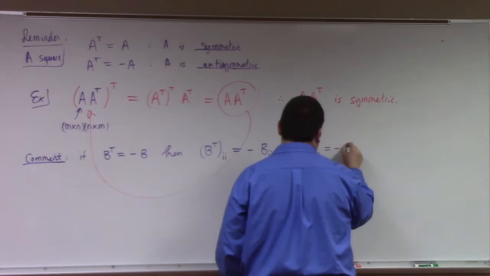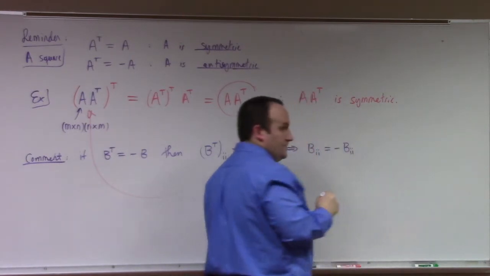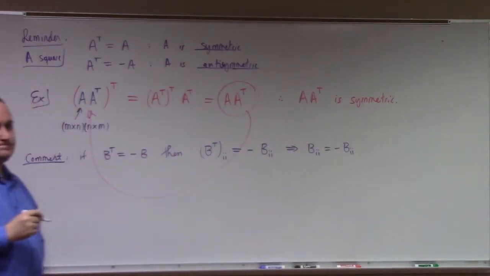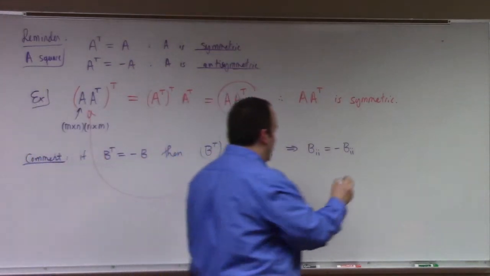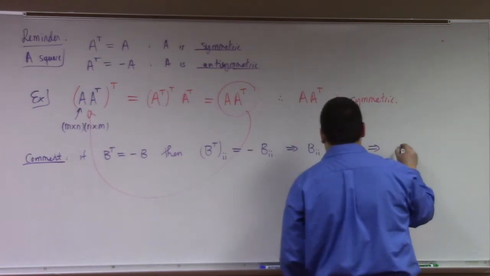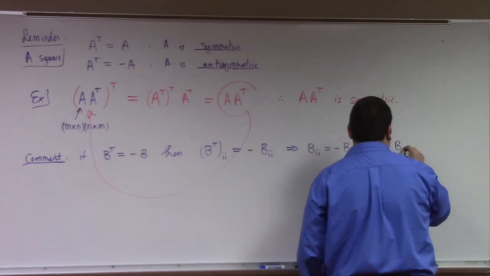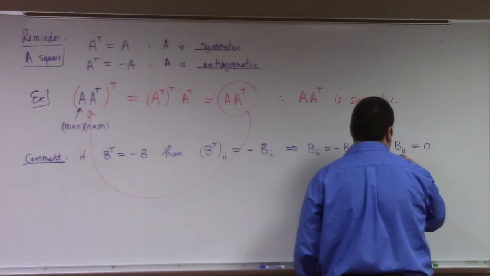B_ii is equal to minus B_ii. What's that imply about the iith component of B? It's 0, right? Assuming we're working in a field not of characteristic 2. B_ii is equal to 0.